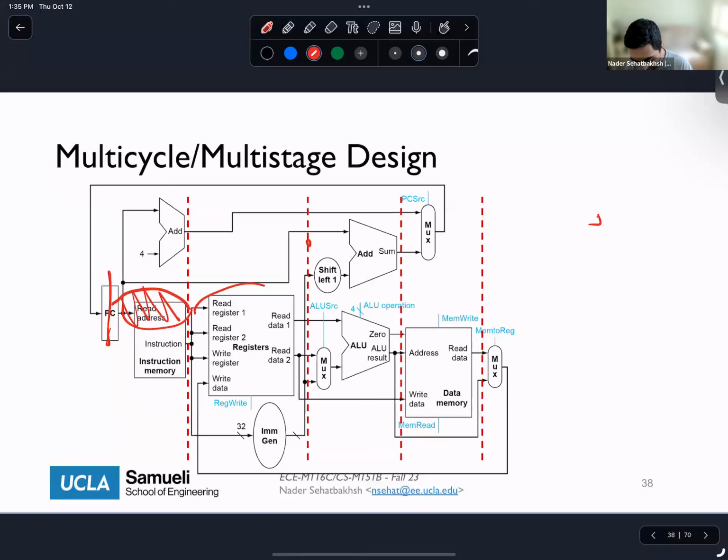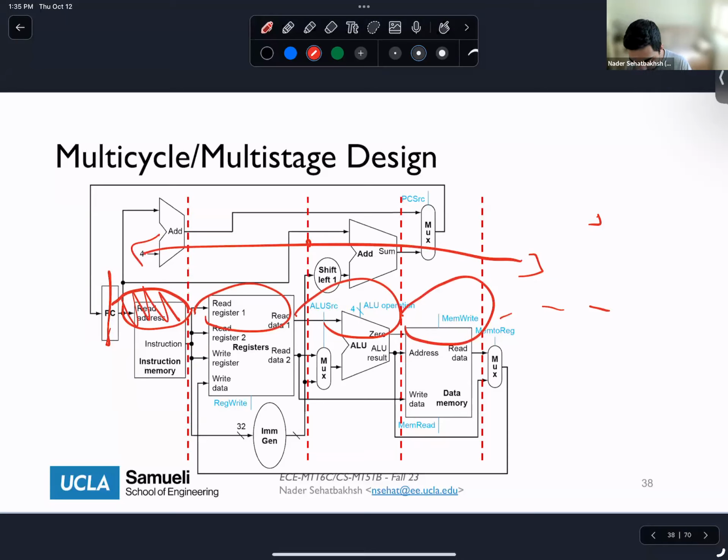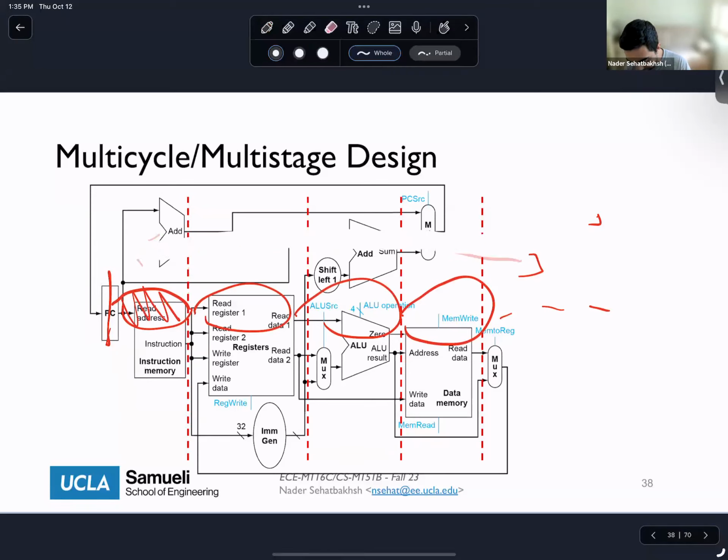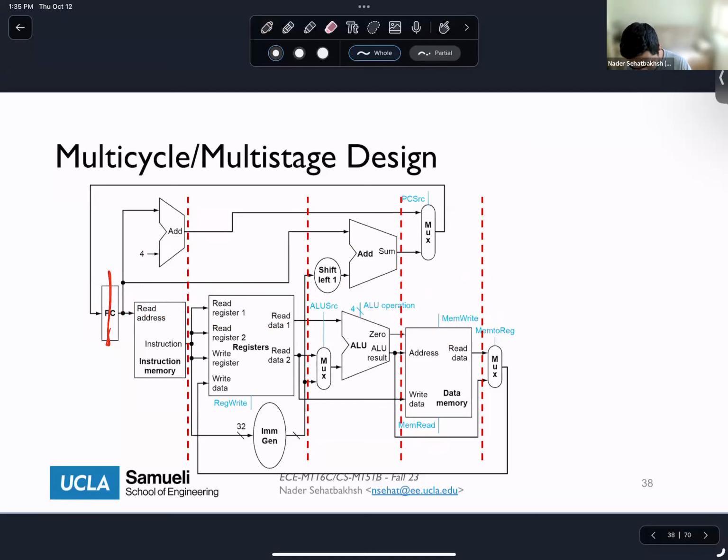And instead of having another combinational logic and another combinational logic and so forth, where the delays will add up, I'm going to break this down into multiple states. So I'm going to add a register here. I have my combinational logic here, and now I'm going to add a register here.